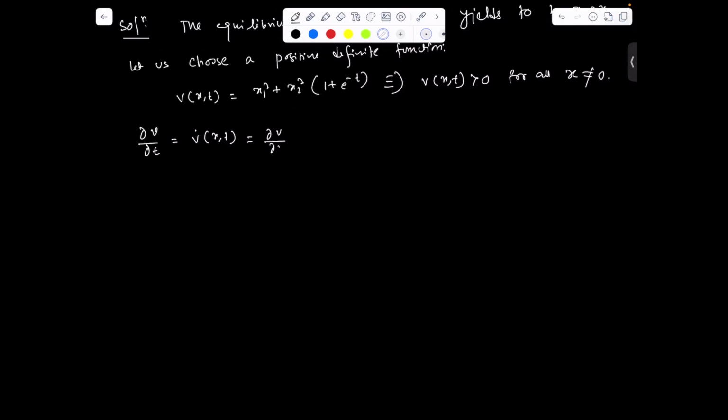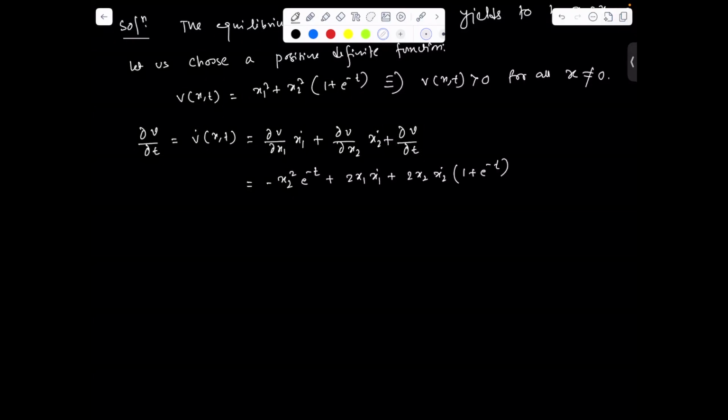∂V/∂x1 x1 dot plus ∂V/∂x2 x2 dot. And if you substitute the values in this equation, we have minus x2 square e to the minus t plus 2x1 x1 dot plus 2x2 x2 dot (1 plus e to the minus t).